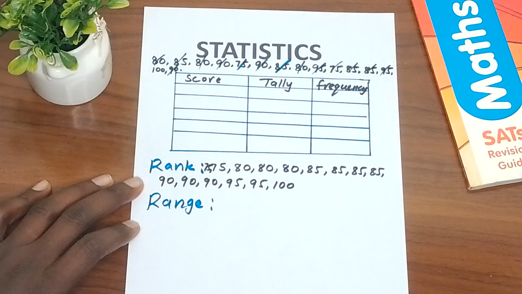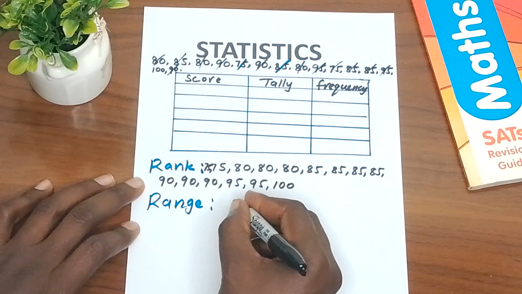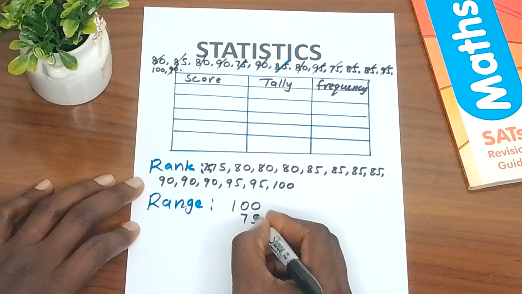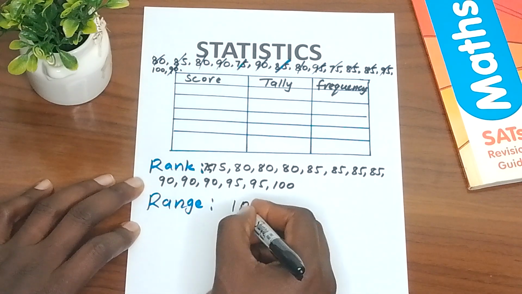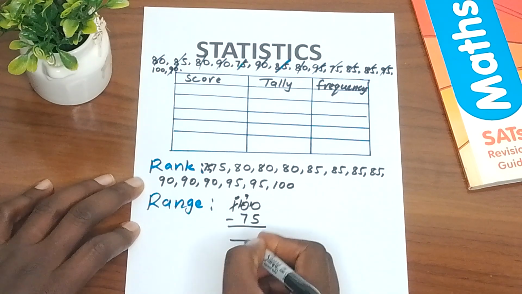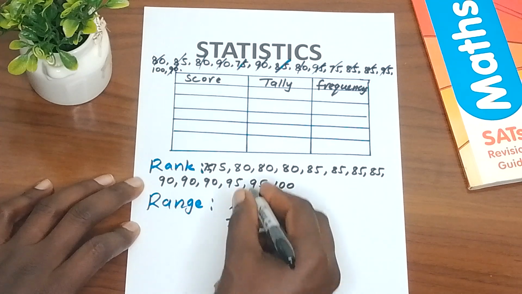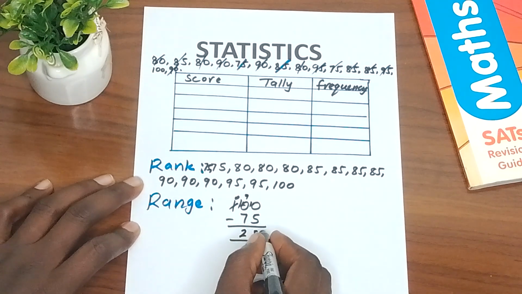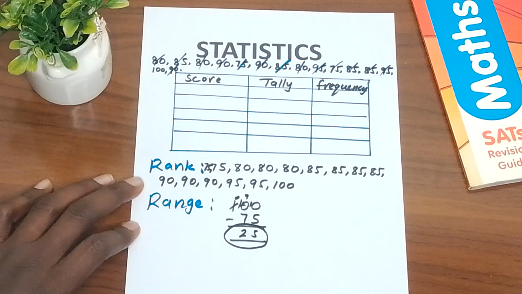So we'll take 100, which is our highest number, minus 75, which is the lowest number. This is 10 minus 5 is 5, and 9 minus 7 is 2. So our range is actually 25.